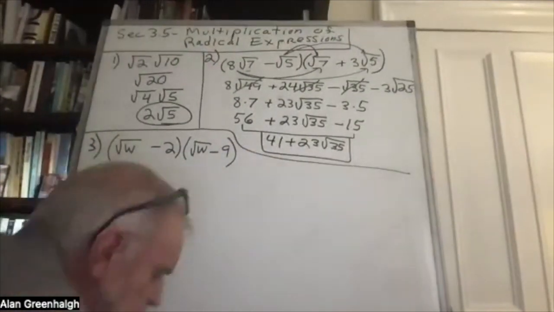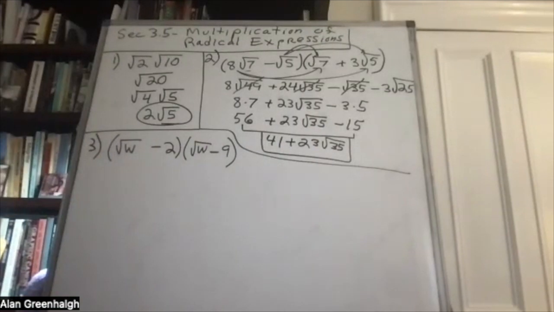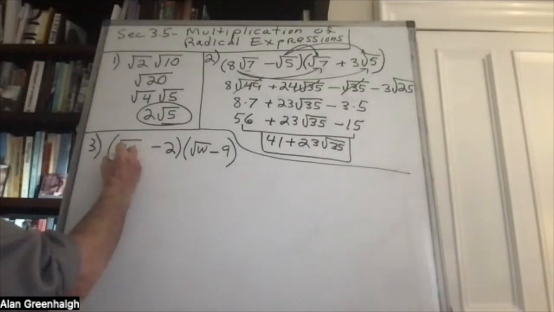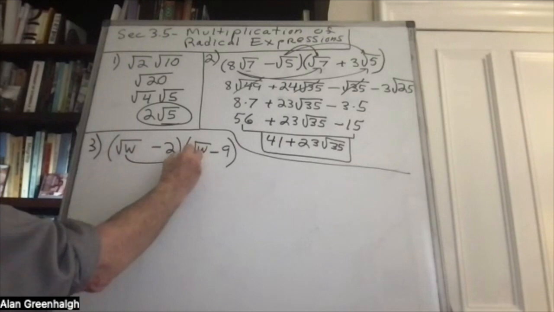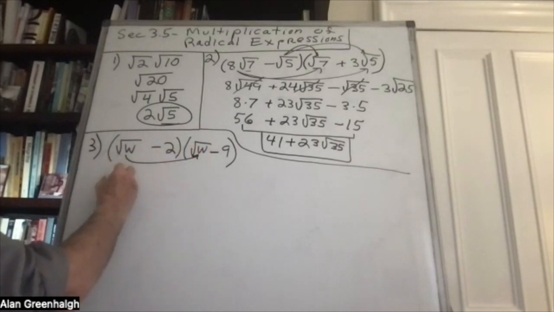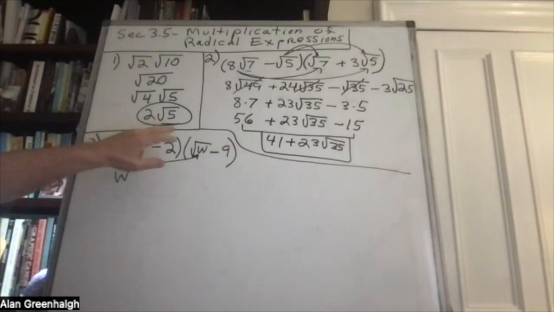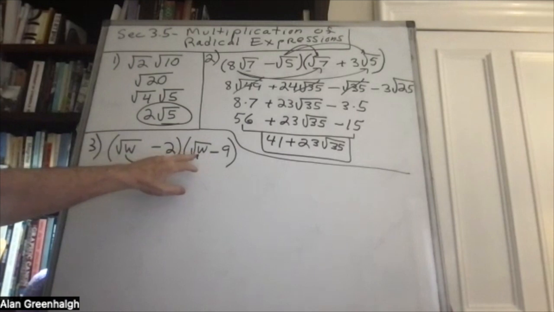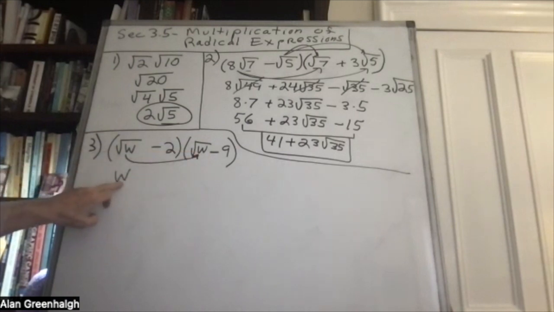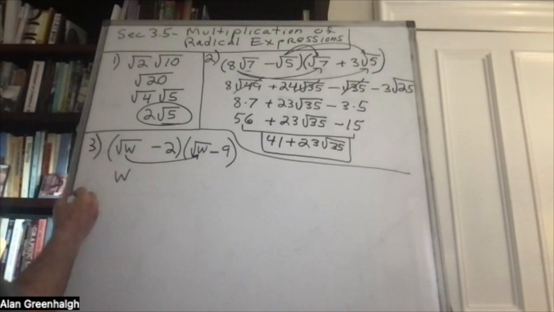That's all the time it should take you, really, because what you're doing is, again, the square root of W times the square root of W is W. The square root of anything times the square root of anything is going to be equal to what's in there. It's that same theorem we spoke about.